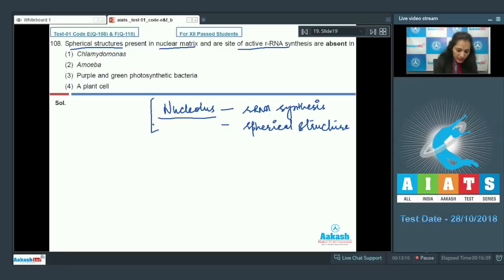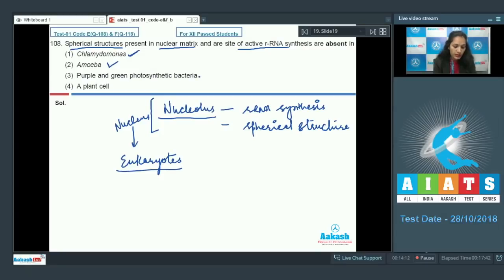As nucleolus is present in the nucleus and nucleus is the monopoly of eukaryotes, the question is asking about the one in which it is absent. It must be absent in prokaryotes then. Chlamydomonas, a green alga, means eukaryotic. Nucleolus will be present. Amoeba, a protozoan, a eukaryote, it will be present.